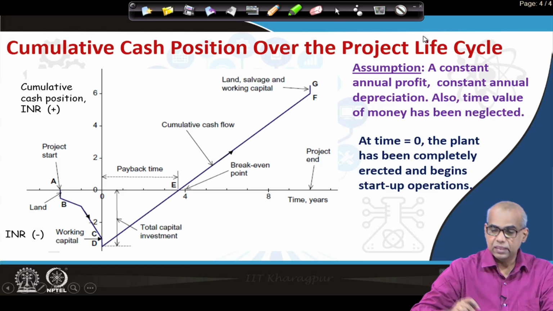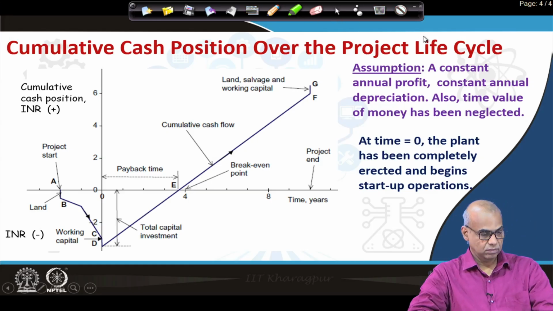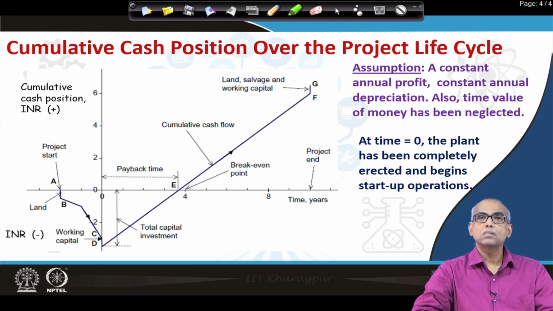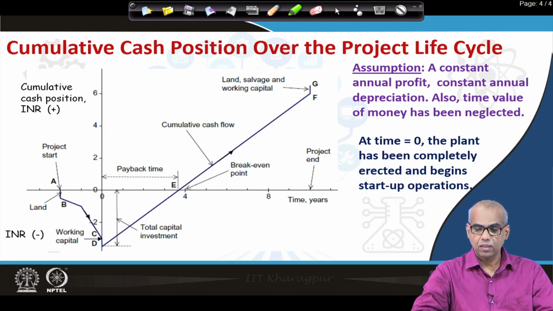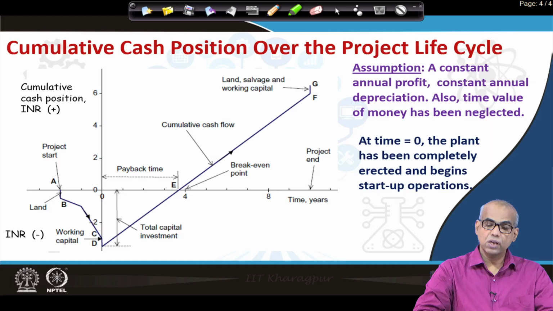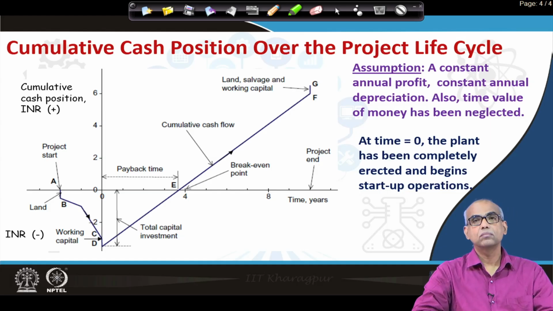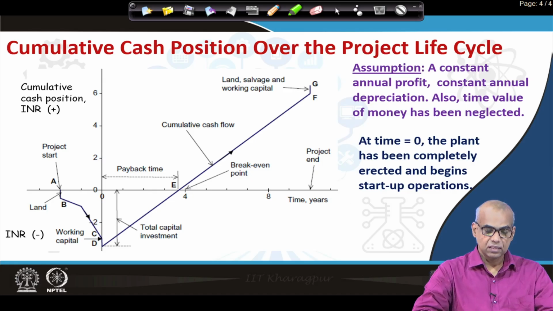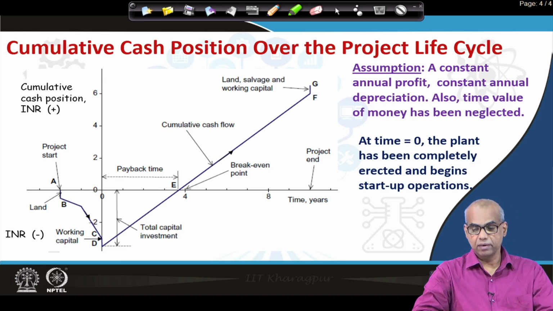Now, there are certain assumptions that go behind developing this cumulative cash flow diagram. For example, we have assumed a constant annual profit, a constant annual depreciation. Also, the time value of money has been neglected in this particular diagram.